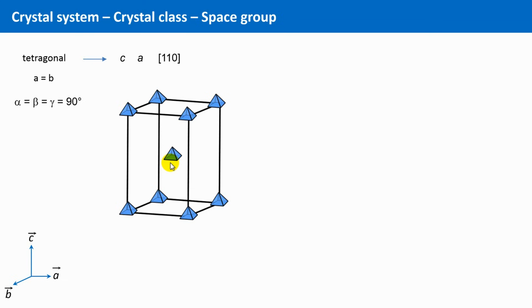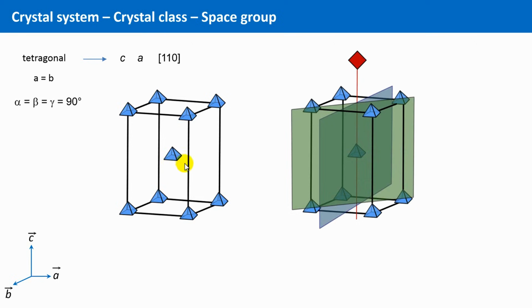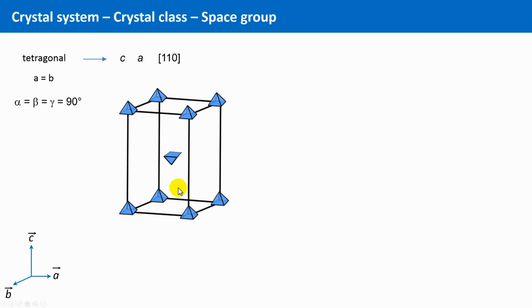Exactly, one mirror plane is gone, so to say, and we changed the Bravais lattice type from a primitive to a body-centered one. So the space group is I4mm. And the crystal class is then, of course, 4mm. A last example. Look at this cell.